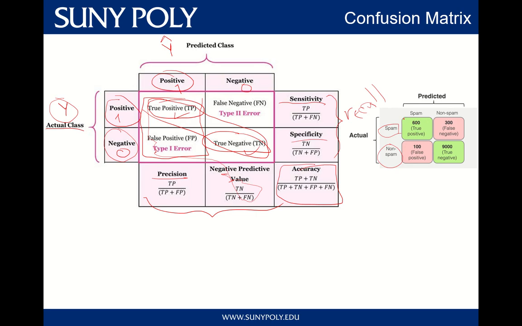These are observations that were classified correctly as spam, and they were spam. The 9,000 refers to emails where the model said they are non-spam, and effectively, they were non-spam. So this diagonal is fine.